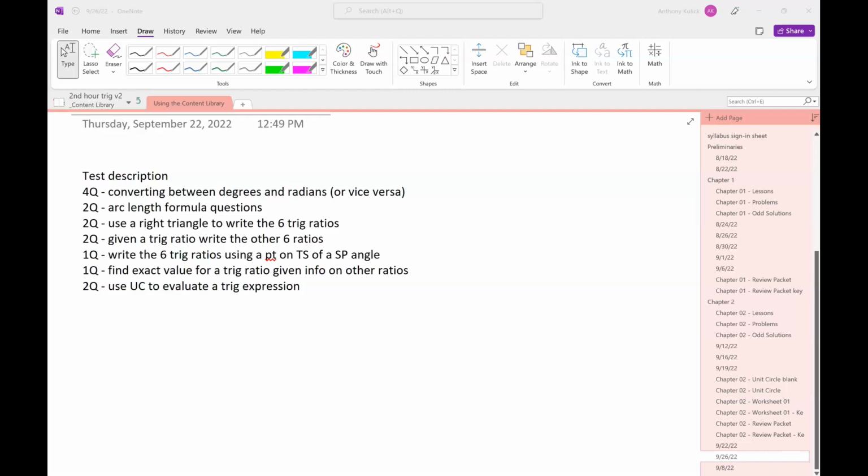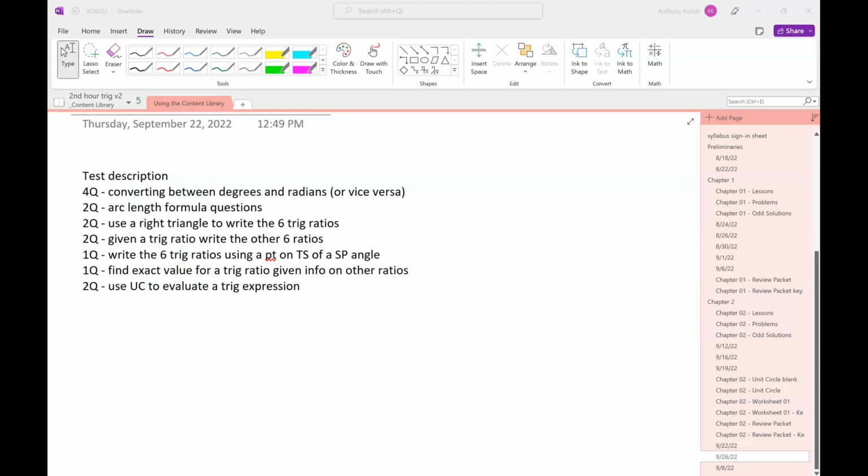So today is our review day, right? Okay. What I have here is the test descriptions. We'll take a minute and talk about the test format.